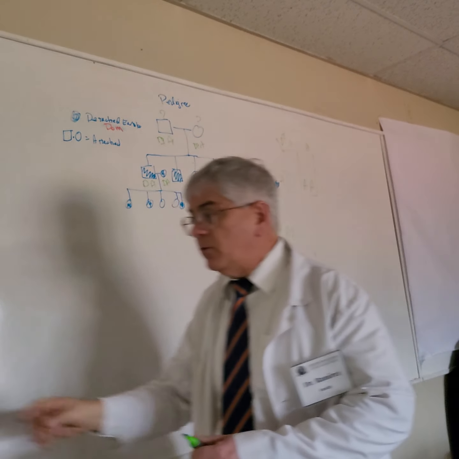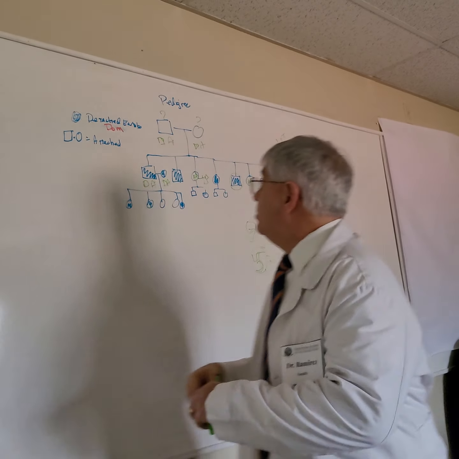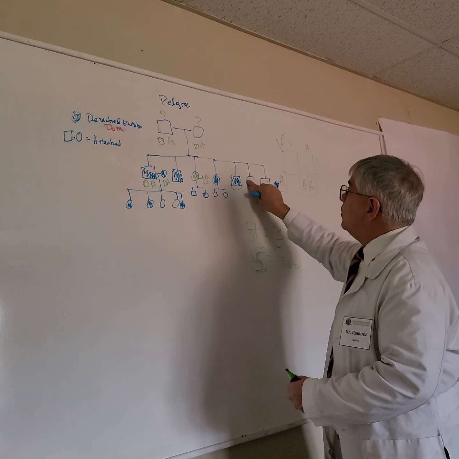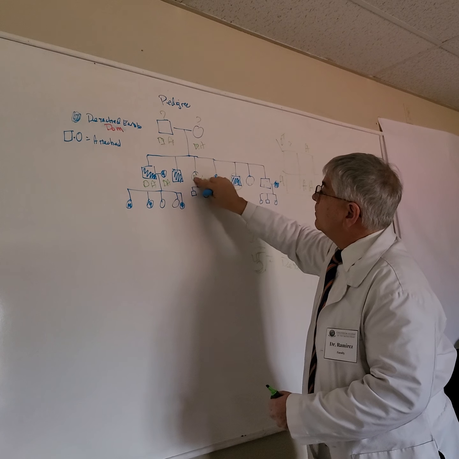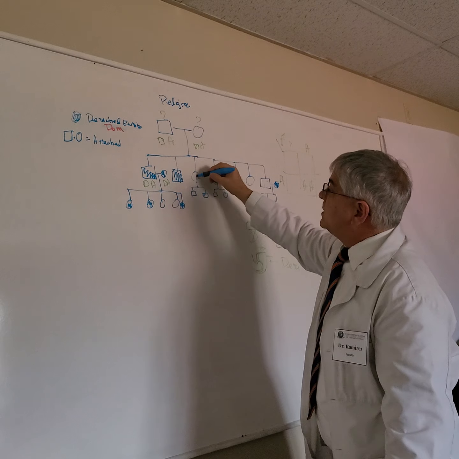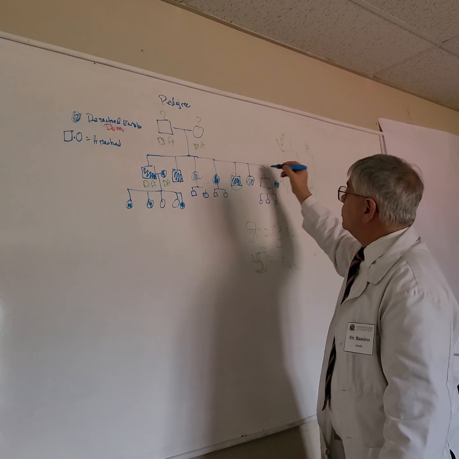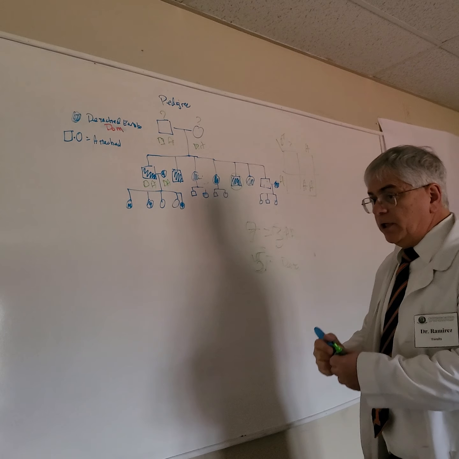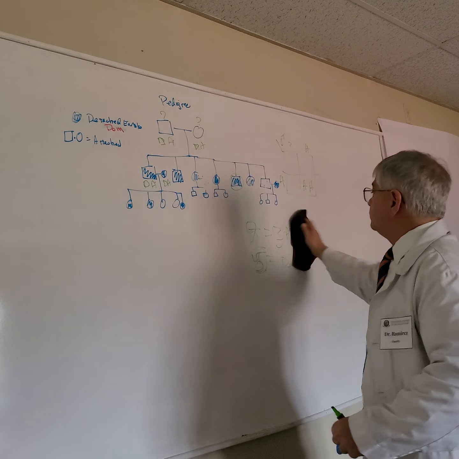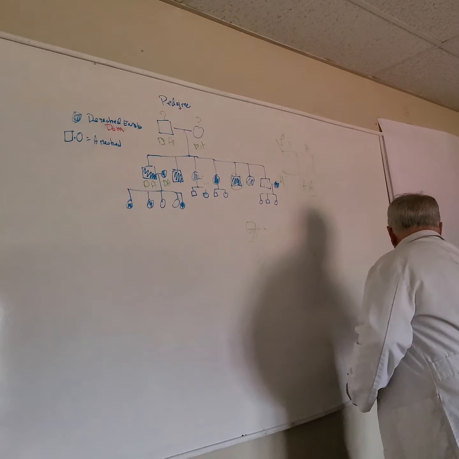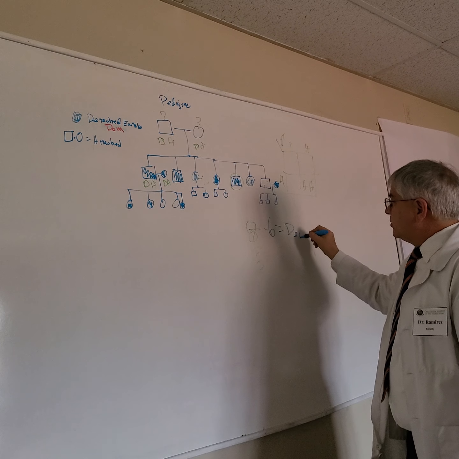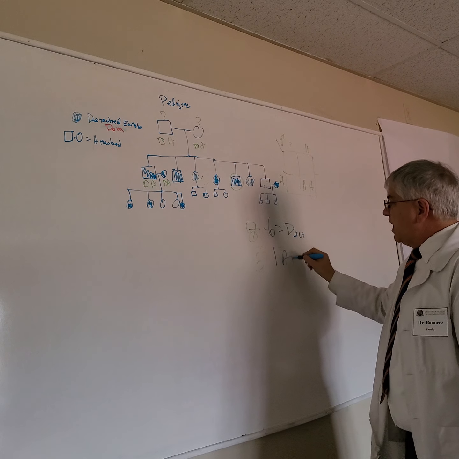But let's take it a step further. Let's change the example a little bit. Let's say this is the pedigree chart we have, where of the 7 children, 6 have detached and only 1 has attached.